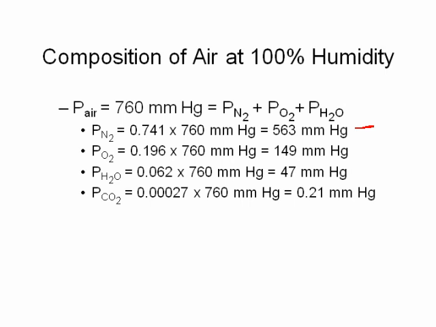And for oxygen, rather than being in the 160 range, it is 149. Again, we have to account for this partial pressure of water in the inspired mixture. So we are actually inspiring even less oxygen in terms of partial pressure than what is available in the atmosphere because of the addition of this water vapor pressure.